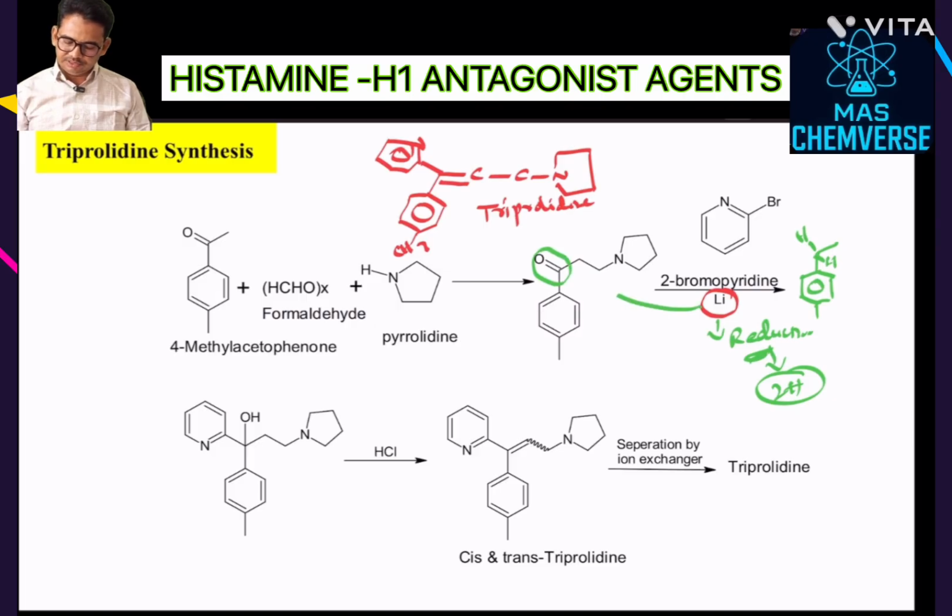Due to this lithium. Then it will be reduced, remaining thing will be the same, CH2, then CH2, then CH2, and it will be attached to the pyrrolidine.